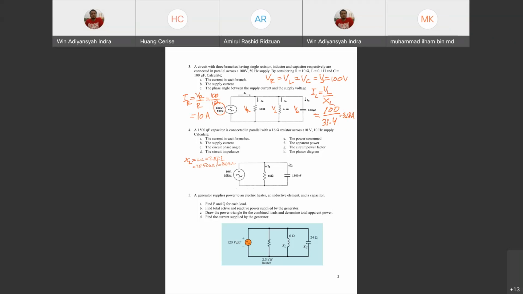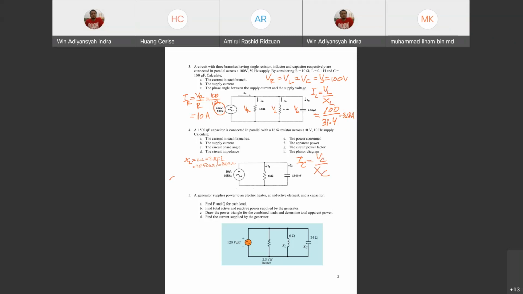Next is IC. Using the same formula, IC equals VC over XC.